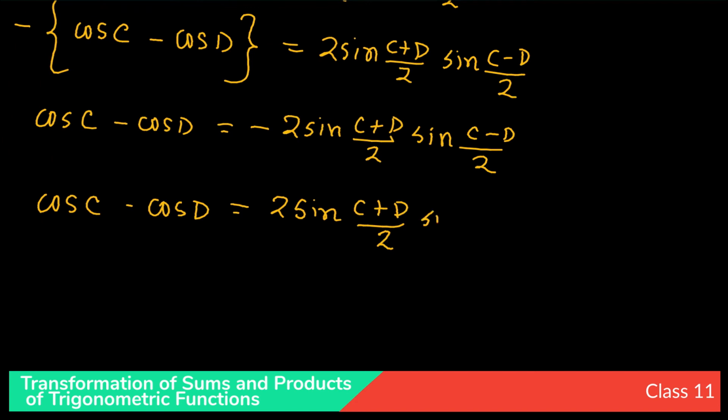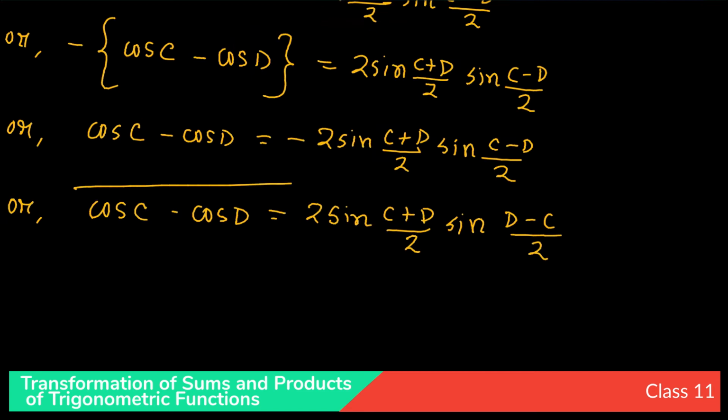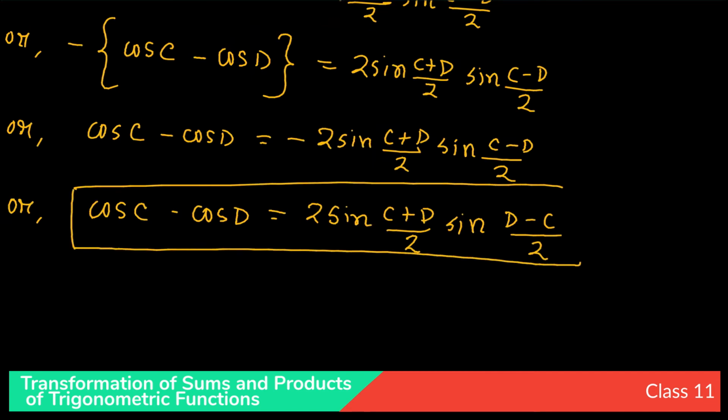Now in this case I can write c minus d by 2, so if we multiply a minus sign, it will become d minus c by 2. Okay, so this is the formula: cos c minus cos d is equal to 2 sine c plus d by 2 and sine d minus c by 2.